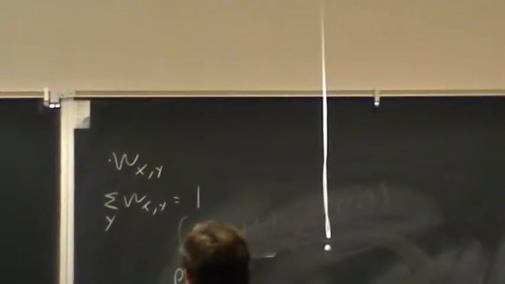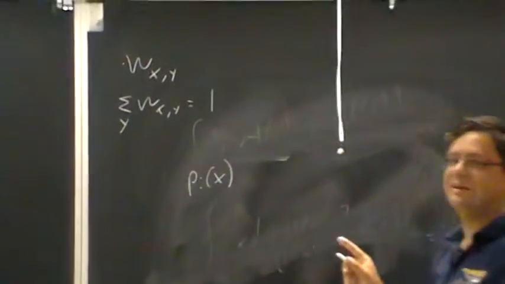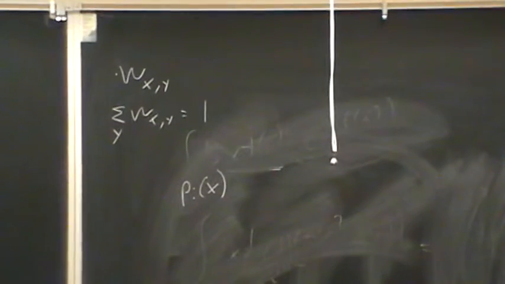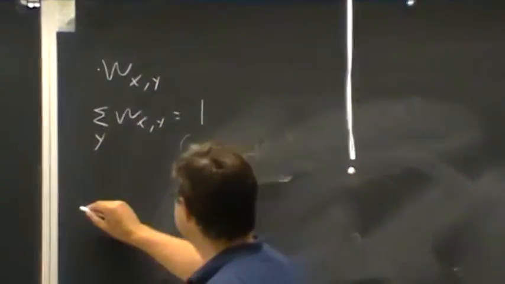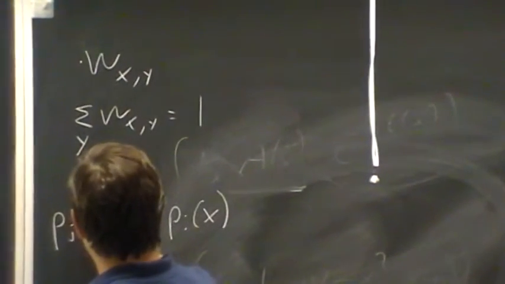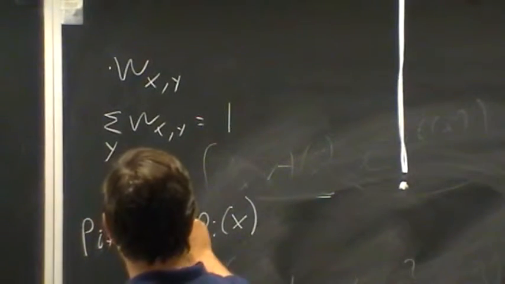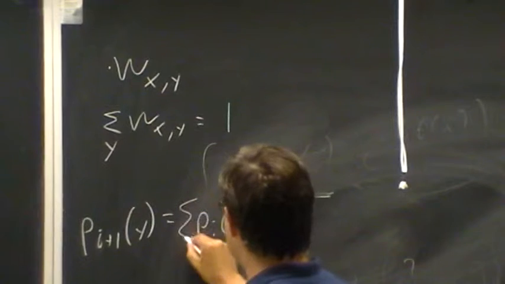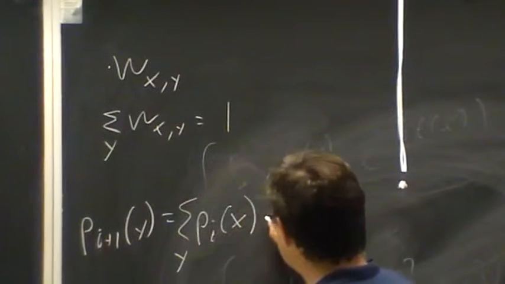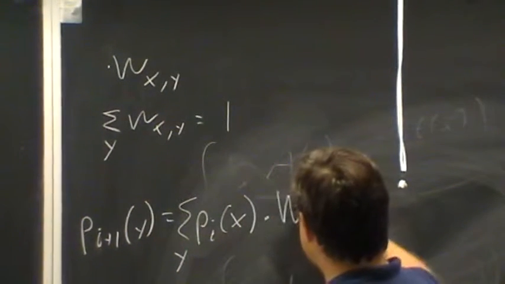Now what is the distribution in the next step? The distribution pi_{i+1} of y is the sum over all x of pi of x times the transition matrix W_xy.